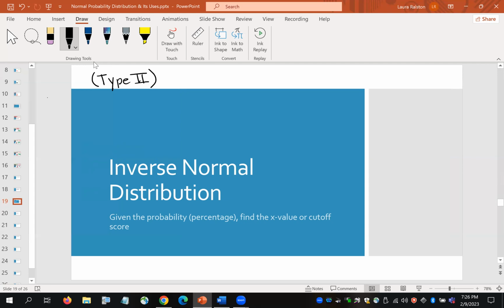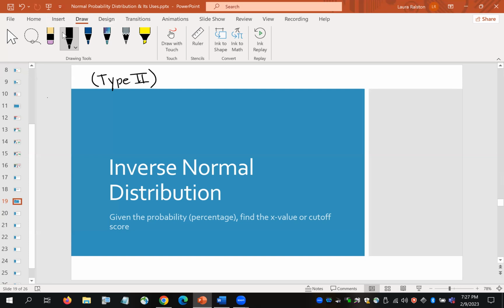Type 2, we get into what's called the inverse normal distribution. The question is worded differently because you begin by knowing the probability or the percentage, and you're trying to find the X value.